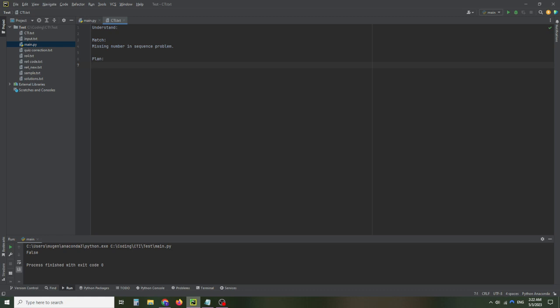So the plan is, I need to make some containers. The sum of the lights in the sequence, let's start off with 0, and a count of how many times all the lights were blue.